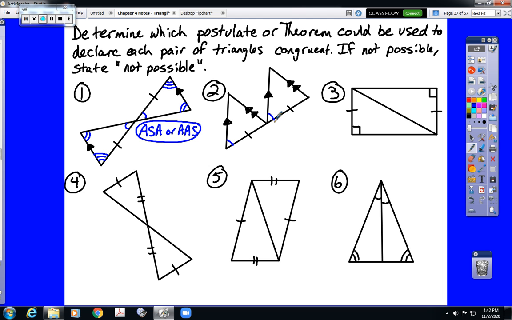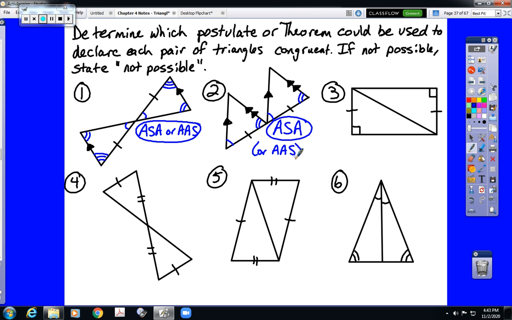Using the same sort of argument, the other set of parallel lines also has a transversal, and these two angles would be corresponding, so we can mark them as well. Notice that is enough information for us to state angle side angle. Now in reality, we could use the third angle theorem to declare angle angle side, but what we've marked would be angle side angle.